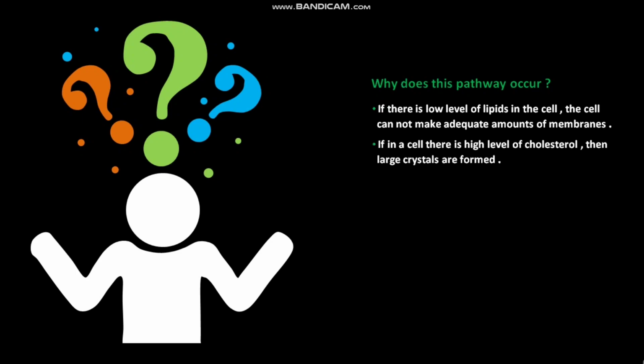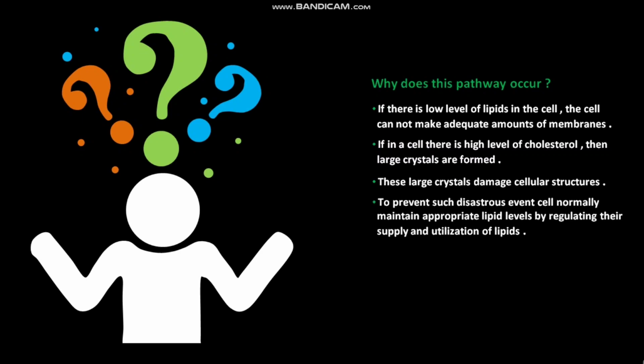If in a cell there is a high level of cholesterol, then large crystals are formed. These large crystals damage cellular structures. To prevent such a disastrous event, cells normally maintain appropriate lipid levels by regulating their supply and utilization of lipids.